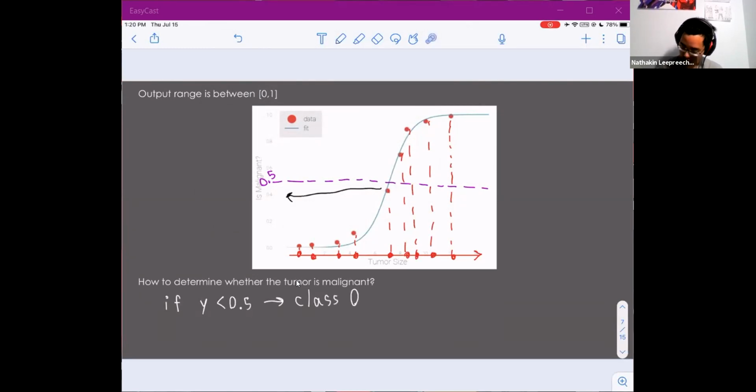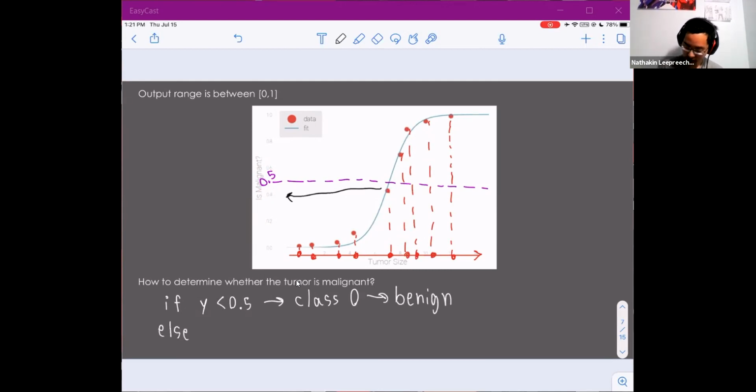Or, to be more specific with this example, it asks whether the tumor is malignant or benign. If it is less than 0.5, we assume it to be benign. The tumor is not dangerous for your body.